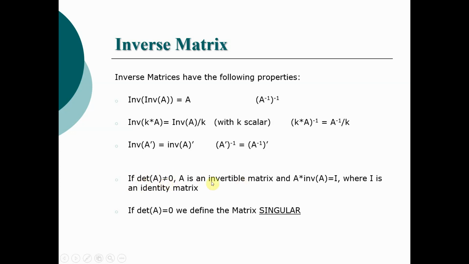If it is equal to 0, A is not invertible. And we say that when the determinant of A is equal to 0, we call A a singular matrix. So whenever you hear about a singular matrix, you should know that its determinant is equal to 0.